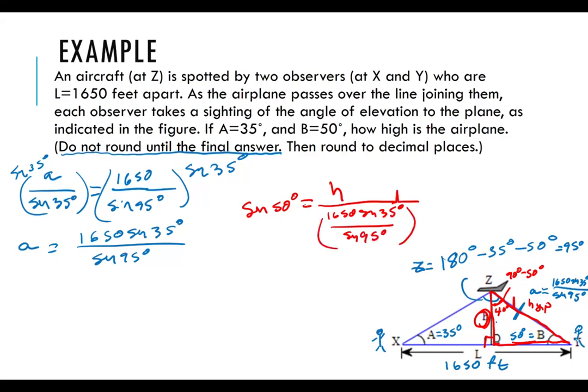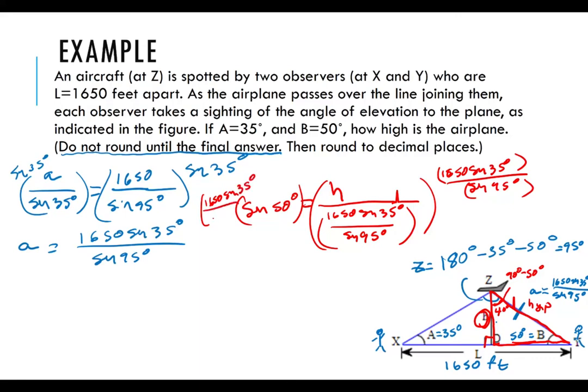That's just a number. So then if I want to solve for h, what can I do? I can multiply both sides by that denominator. So I'm going to multiply by 1,650 sine of 35 degrees, all divided by sine of 95 degrees, on both sides. So over here, 1,650 sine of 35 degrees over sine of 95 degrees.